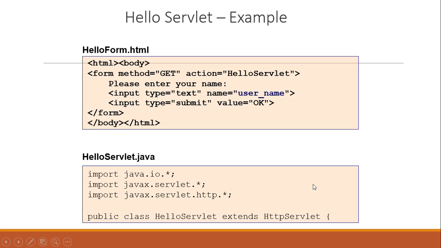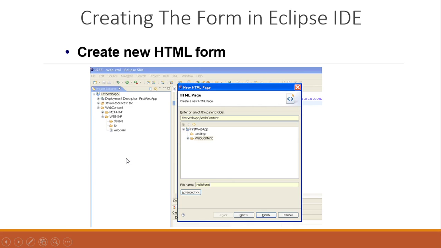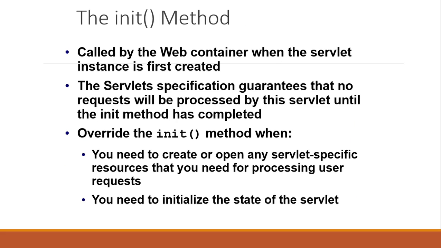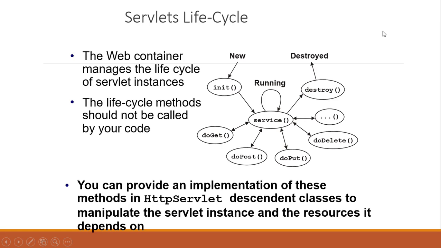This way we access the hello servlet. You write the program this way: hello form.html, with the form method get, action hello servlet, please enter your name, and the hello servlet will be created this way. All of this we will discuss in detail in our next section. Today we have discussed servlets and why they are more usable and good. Fine. Okay, thanks a lot.